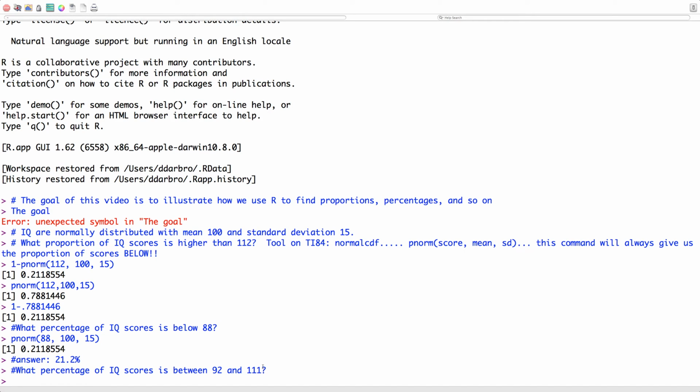If you think about the percentage that I get here, it's going to give me all the area under the curve to the left of 111. Well, that's too much. I want to stop at 92 and not include the area to the left of 92. I can easily do that by subtracting that out.